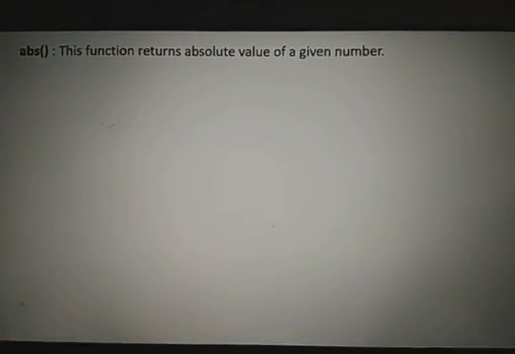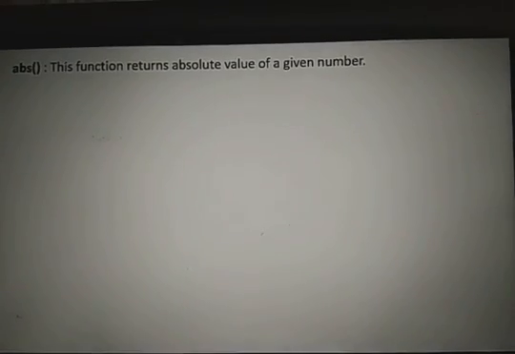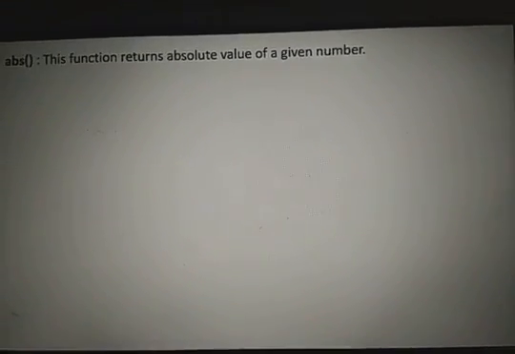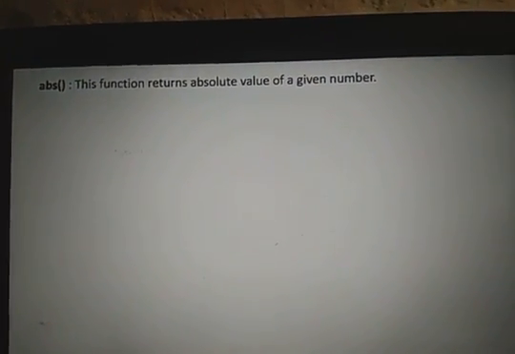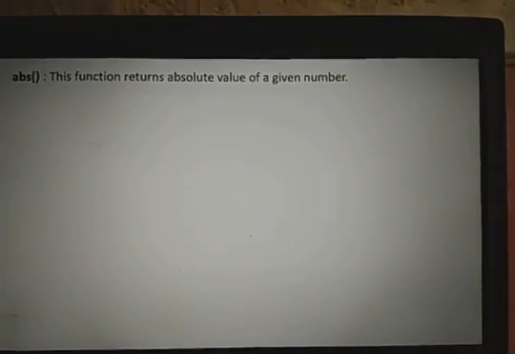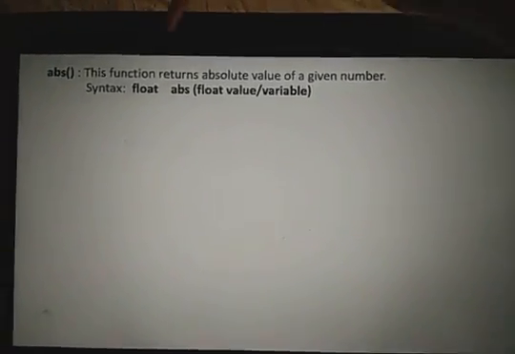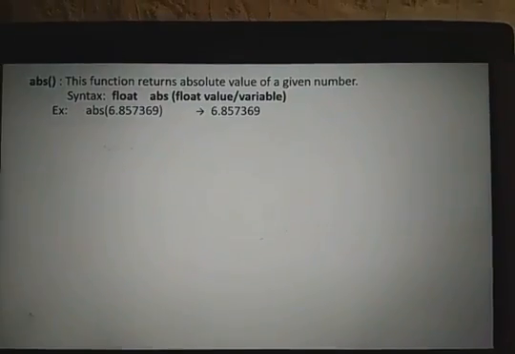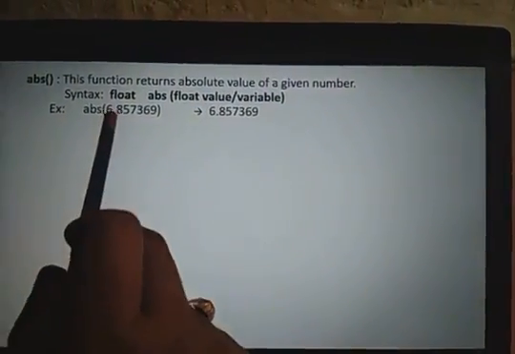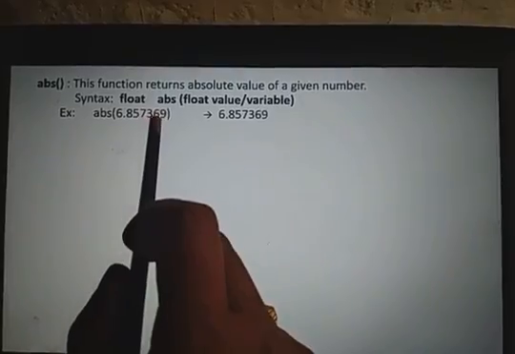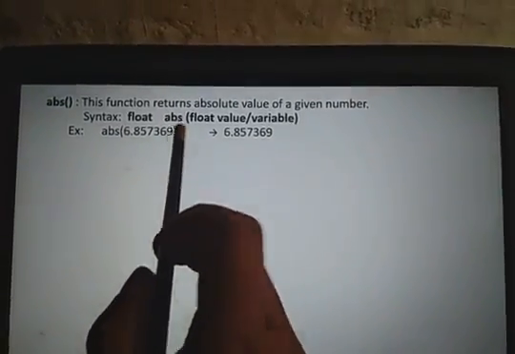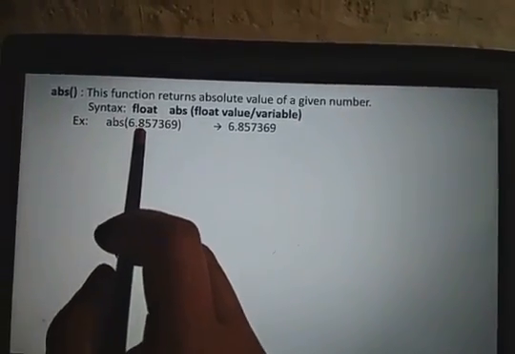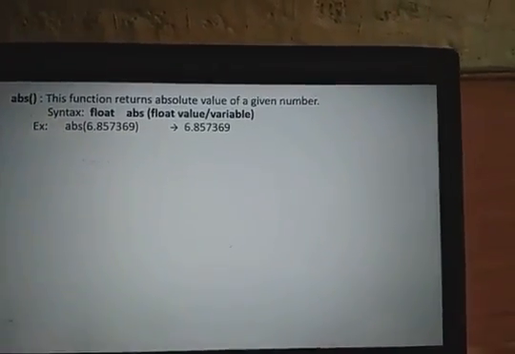The absolute function ABS is used to calculate the absolute value of the given number. Let us take a simple example. It returns one float value, the absolute value of a float value or variable. If I give the value 6.857369, it is not rounding up, because 6.85 would mean 6.9 and 6.8 would mean 7, but it does not perform any roundup operation.